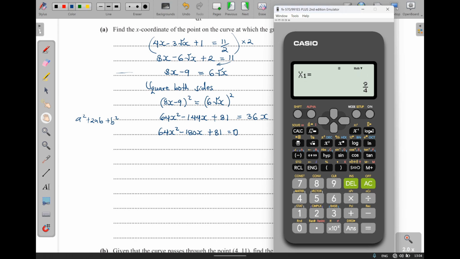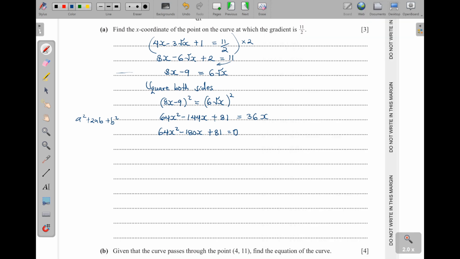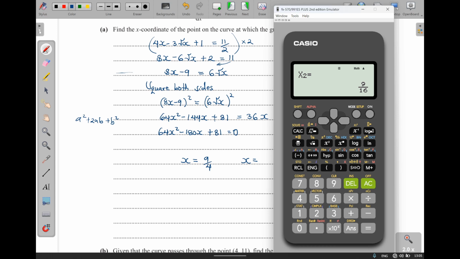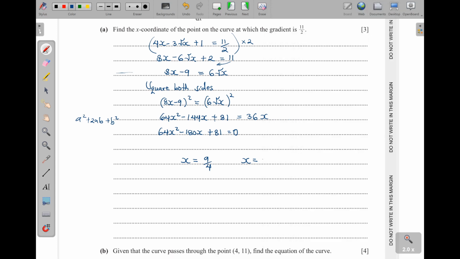So I get 9 over 4. So I'll write here x is equal to 9 over 4. And then the other one, you need to be very careful here. The other one, you just press here, that is 9 over 16. So I write here 9 over 16.